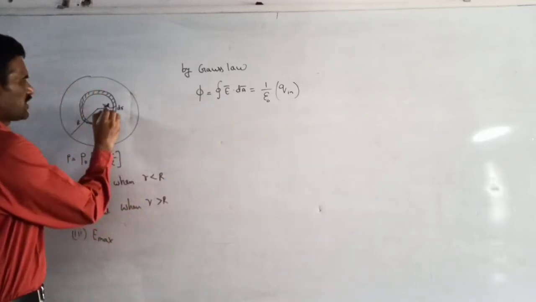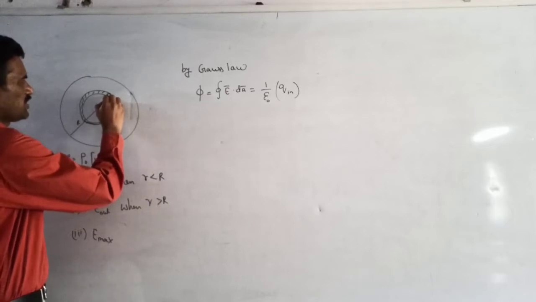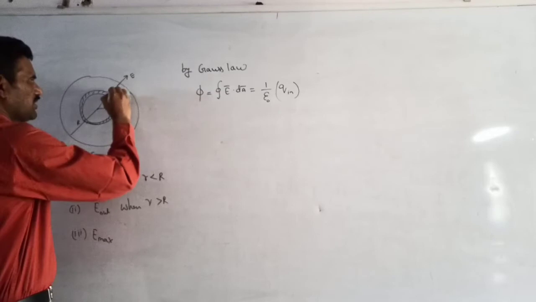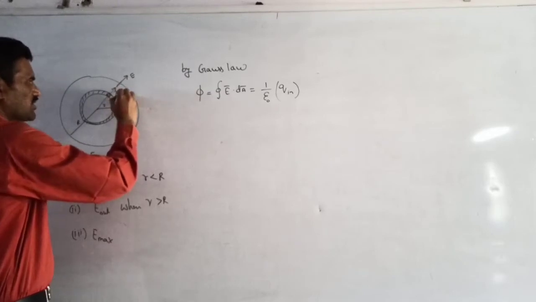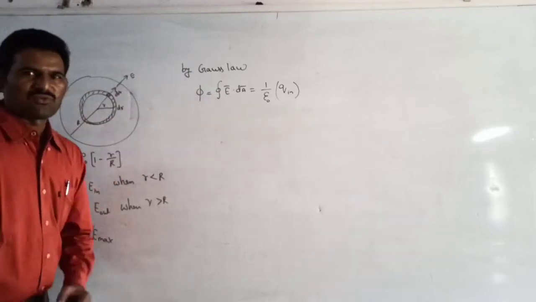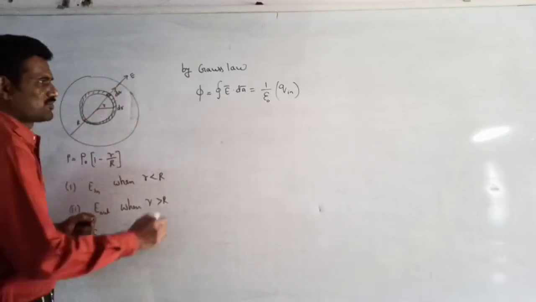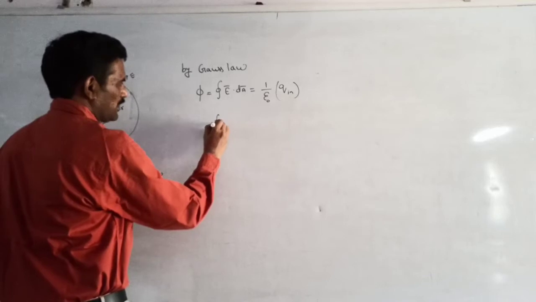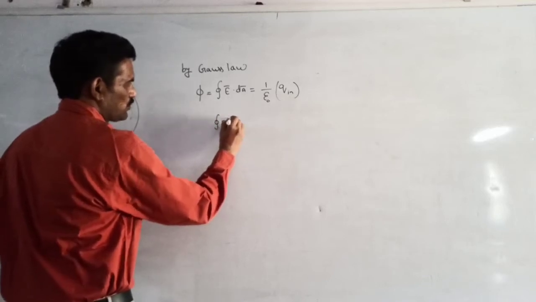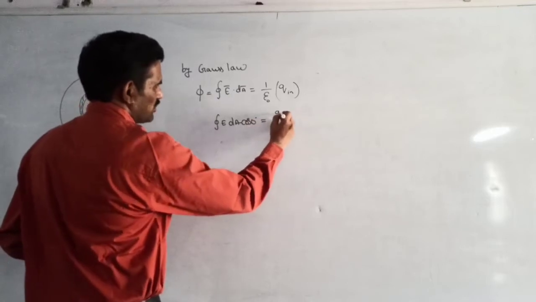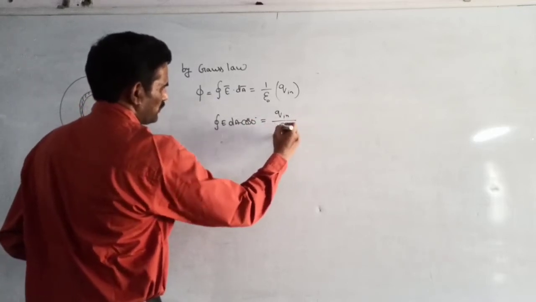Here we consider a small element of area, then electric field will be along this direction E, because it is a positive charge, and dA bar is also radially outwards. So now these two are along the same direction. So I can write this as integral of E into dA into cos 0, which is q in by epsilon naught.